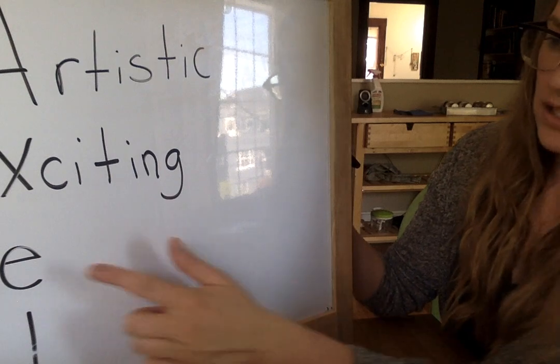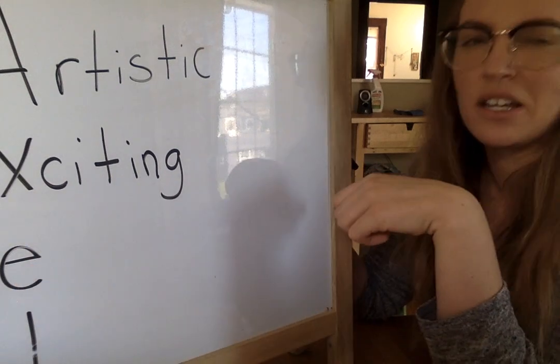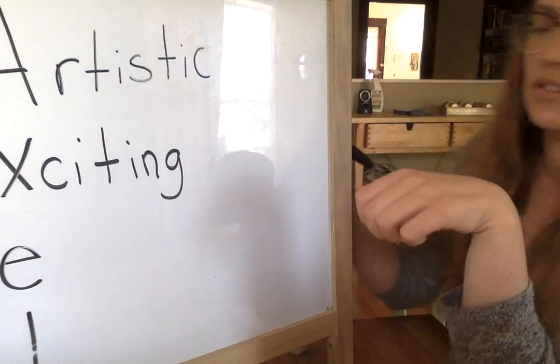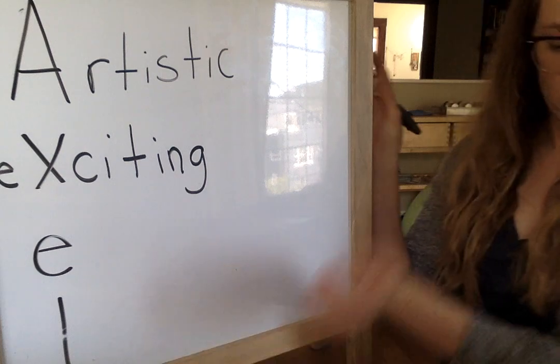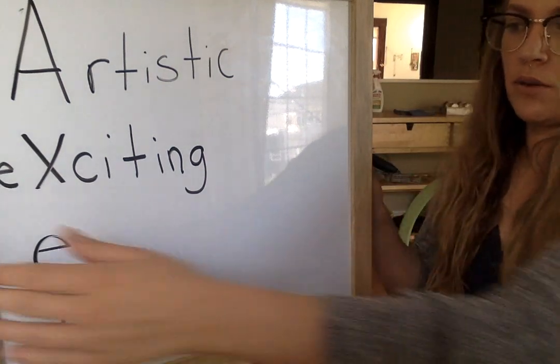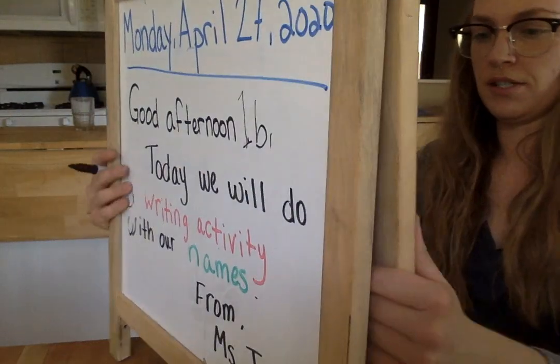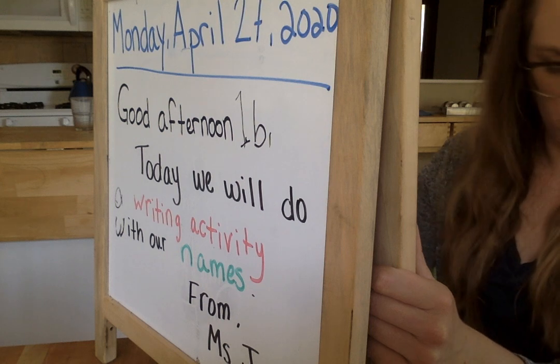All right, now our next letter is an E. Now I know that we've already used an E, but I want us to think of a new word, a new adjective that starts with an E. What words can you think of that can describe Axel with the letter E? I'll give you guys some time. Now the word that I came up with is a very long word, so I will help you out with it.